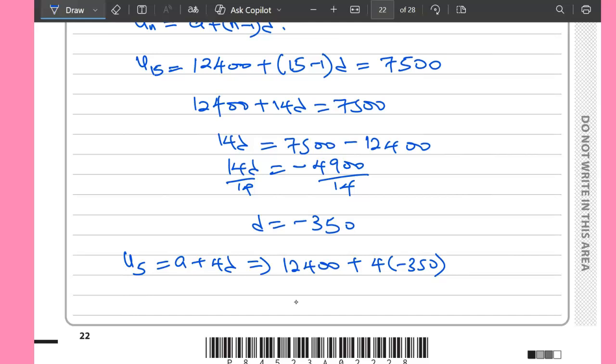So simplifying this, this is the same as 12,400 minus 1,400, and this gives you 11,000 as the fifth term. That is part A.